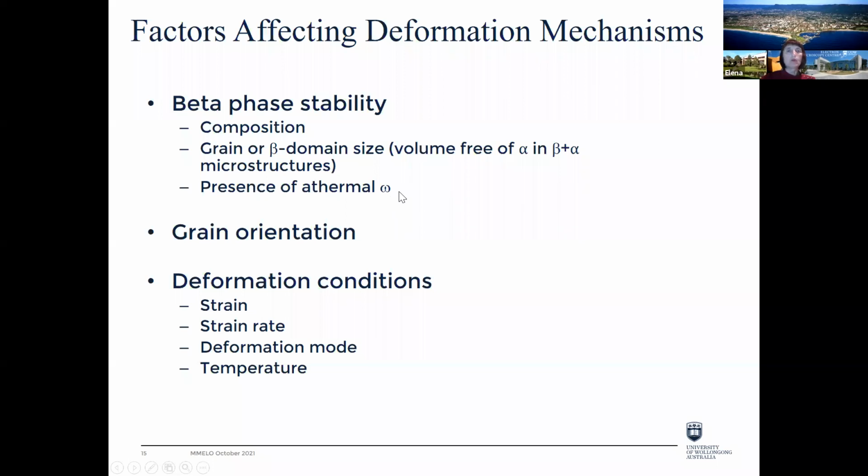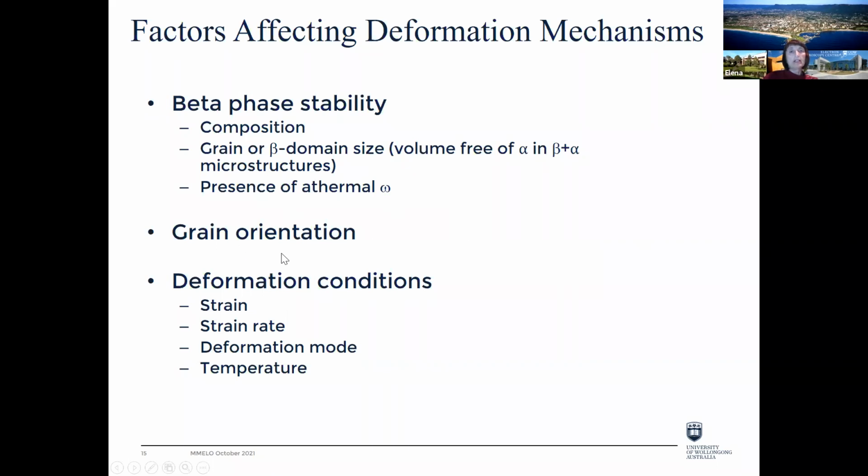Athermal omega could be formed on cooling, accelerated cooling or quenching from higher temperatures, typically in the range between 500 and 200 degrees C. Or it could be formed on heating or as an isothermal holding. The presence of athermal omega may have an effect on martensite and twinning.